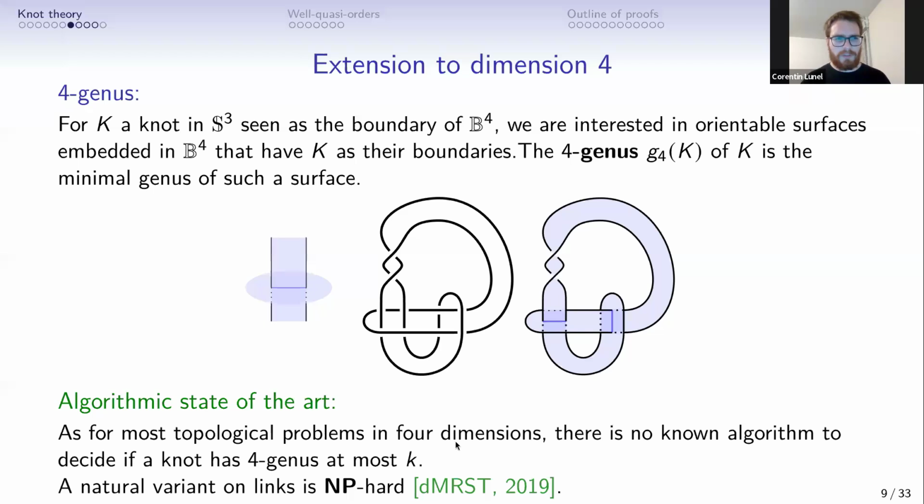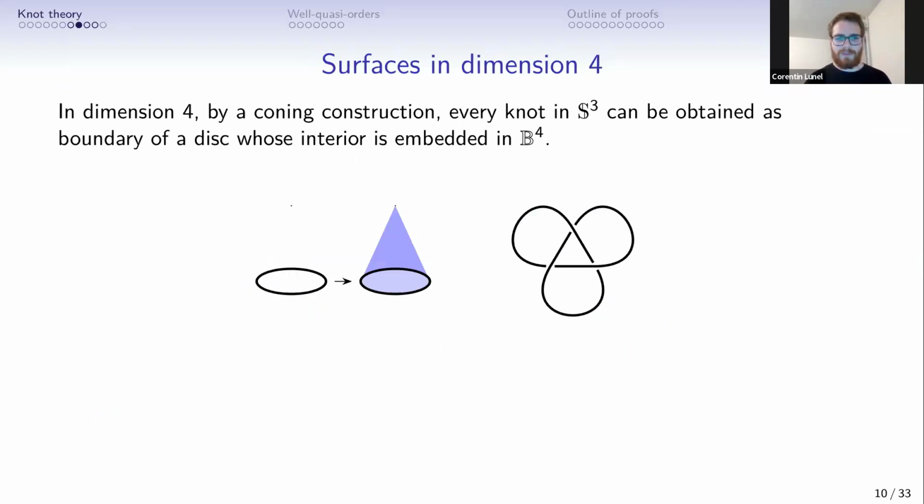And now I want to tackle some details about surfaces in dimension 4, which are a bit complicated, but the conclusion of this slide is quite simple. So every knot can be obtained as the boundary of a disk whose interior is in B4. This is obtained by a coning construction.